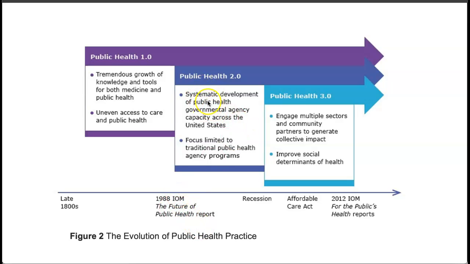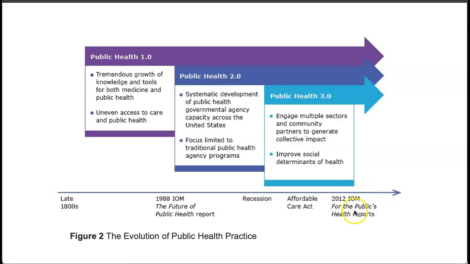We started to think more systematically about the development of public health, as a collaboration amongst departments across states. Again, the focus was more limited to traditional public health agencies and programs, like public health departments.